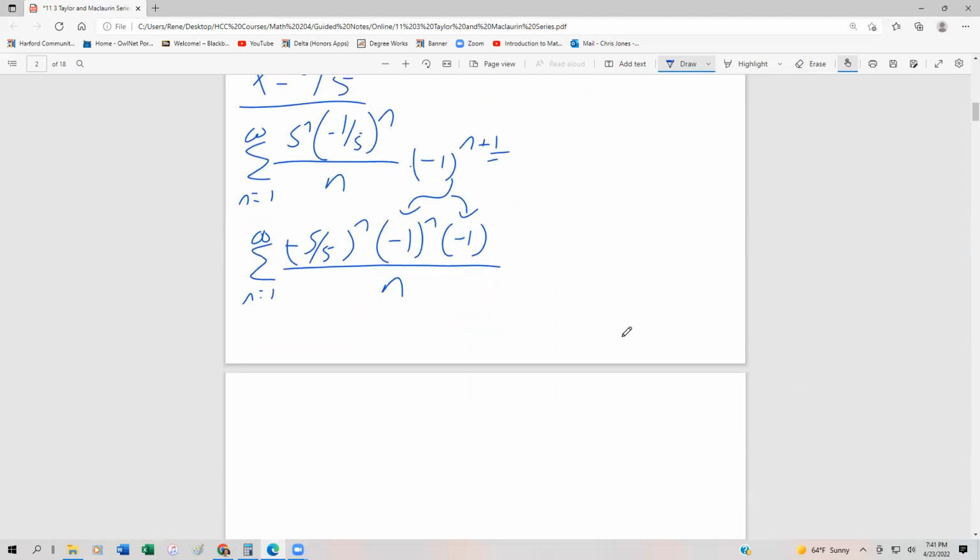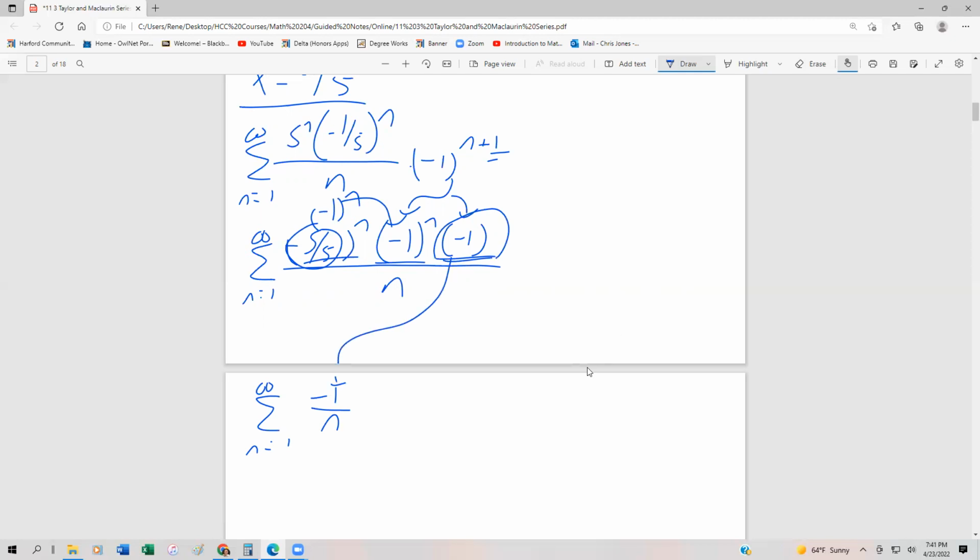In other words, that's going to be the series n equals 1 to infinity of −1 divided by n. The reason is that this is (−1)^n, and when we multiply it by these two, they just cancel out, and we're just left with this −1 that's going to come down here.